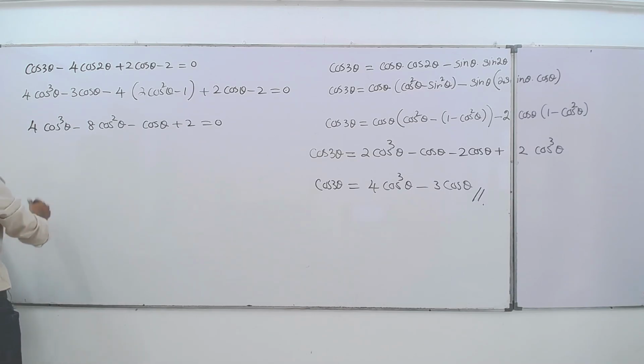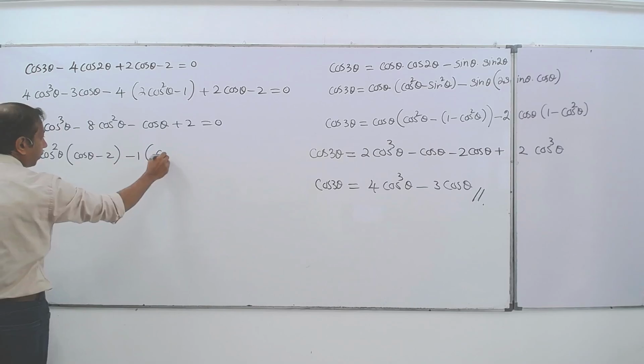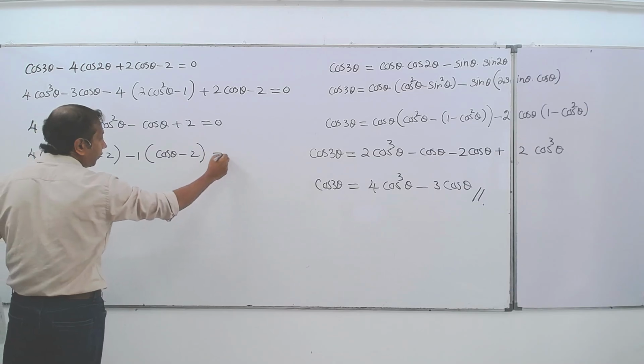Now I can take 4 cos square theta out as common factor. Then here we get cos theta minus 2. From here we can take minus 1 out, then cos theta minus 2, there also we get.